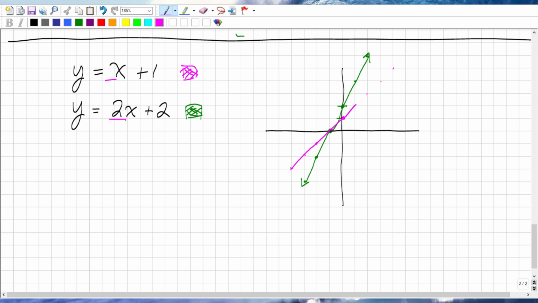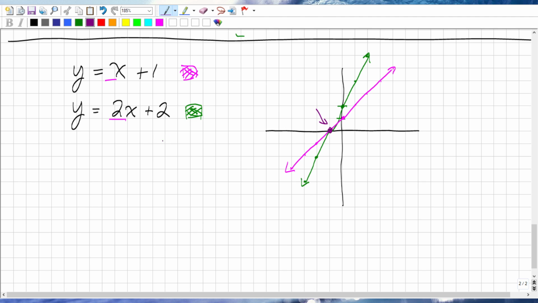I think we already see where these two lines are going to intersect. Both lines intersect right there.